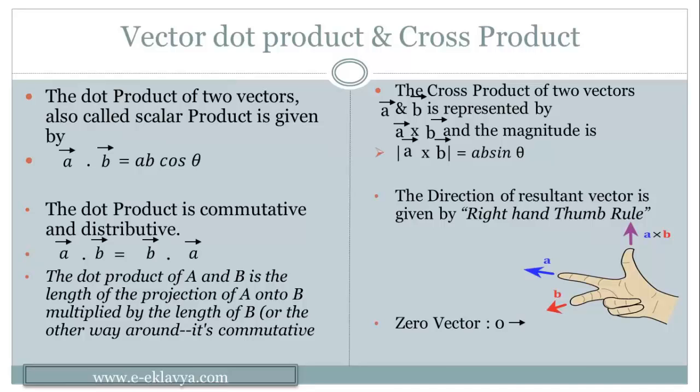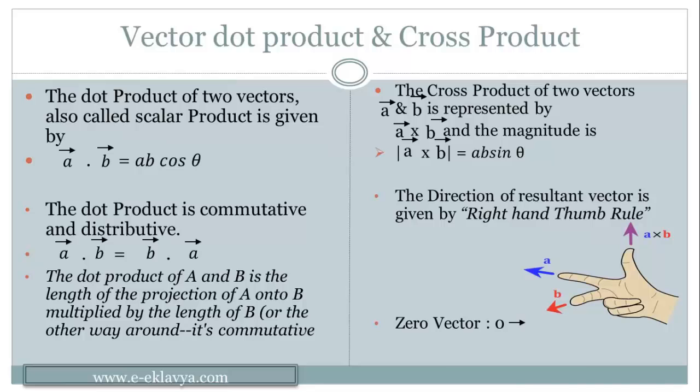Now when we use either of them, that we will discuss when we will be dealing with separate vector quantities, and we will see why we are using either of them. Here we will only try to discuss the concept of vector dot product and vector cross product. So dot product is also called the scalar product, and cross product is also called the vector product.